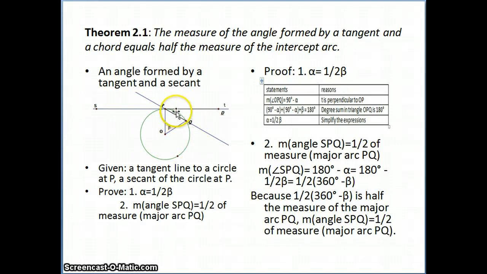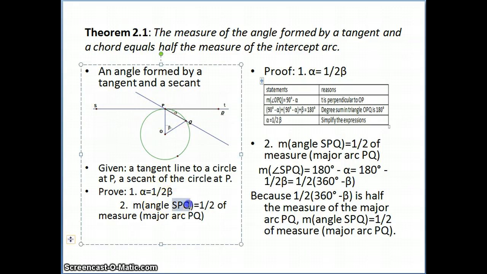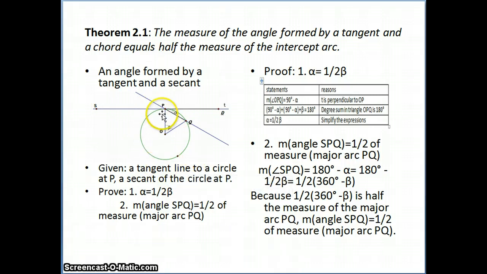The first, we want to prove this small angle is half of the small arc, the minor arc. And also we prove this big angle SPQ is also half of the measure of the major arc PQ.